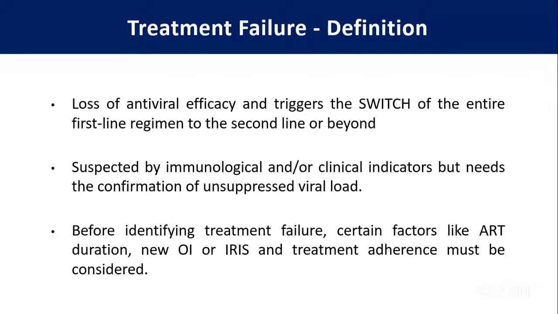And before identifying treatment failure, certain other factors like duration of ART should be considered, that it should be at least 6 months on ART. During these 6 months of ART, new OIs or IRIS might happen. If the patient's CD4 count is low, a new OI might come up while the patient is on ART during the first few months.